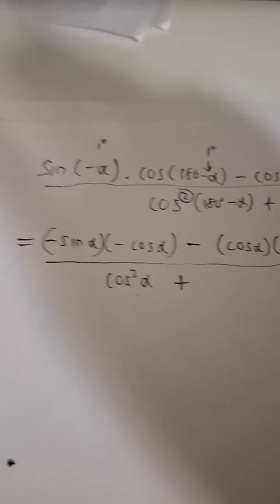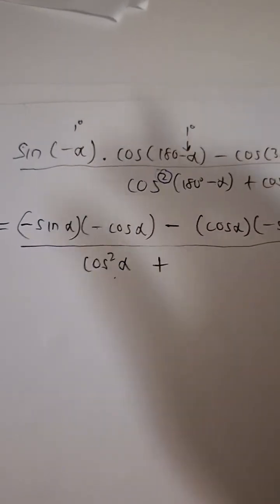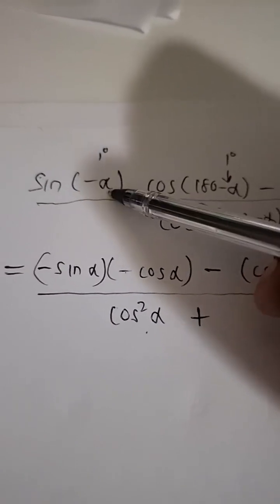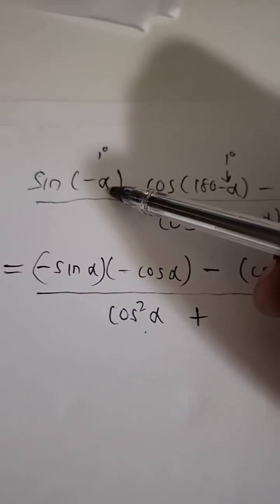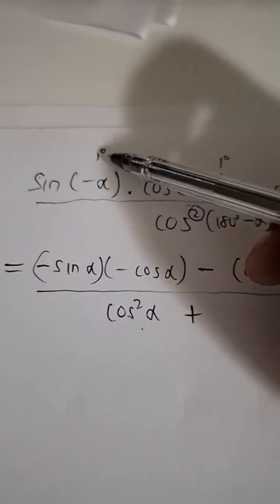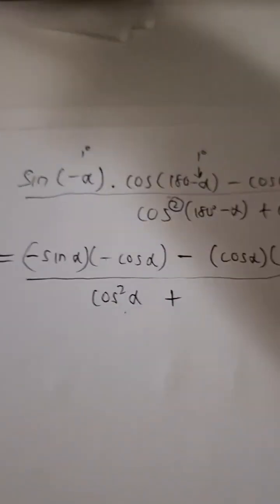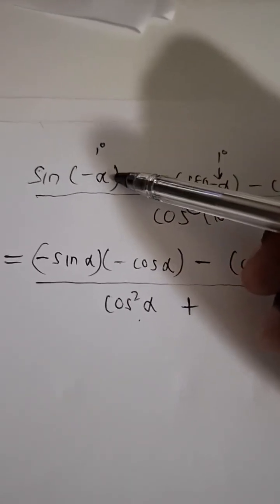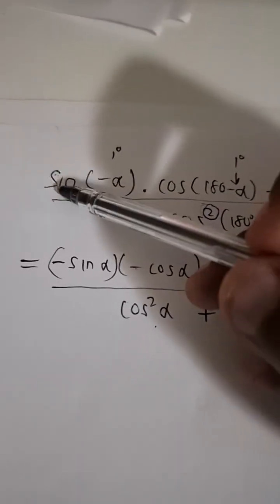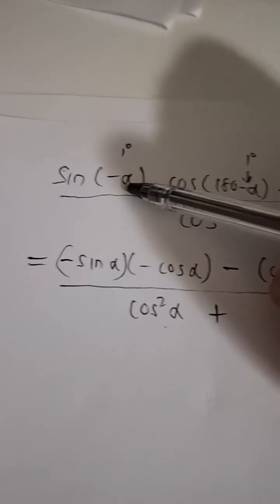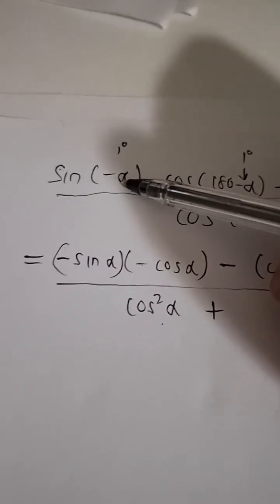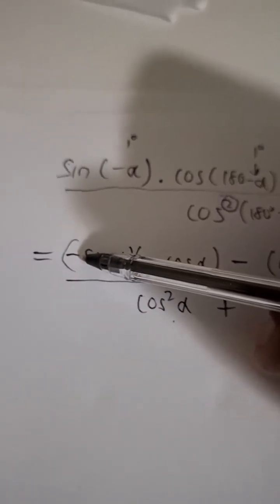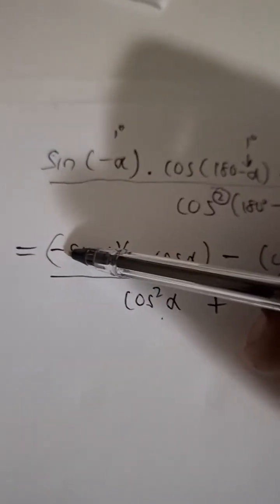Alpha is not 1. Remember, alpha is not 1. All I said to you, remember, is that these angles that you have here are acute angles. So if you don't want to think about quadrants and all of that, you can substitute 1 degree in your calculator. Then you punch this into your calculator, and the answer that you get is going to be a negative answer. You're going to get a value, but you're going to see it's a negative value.